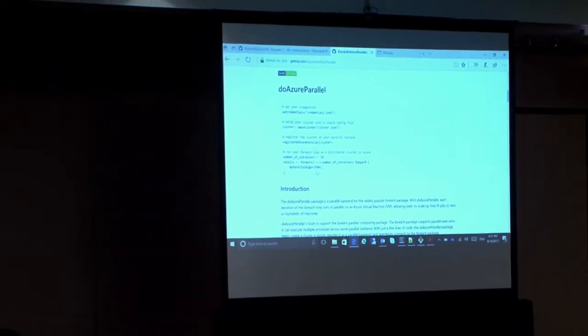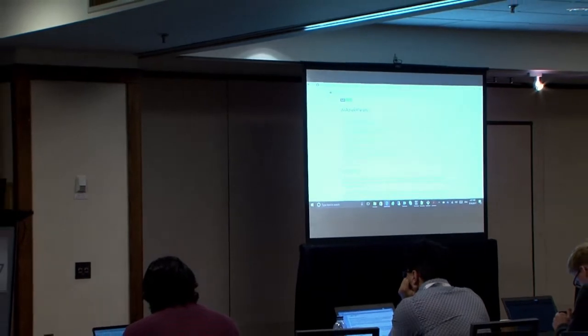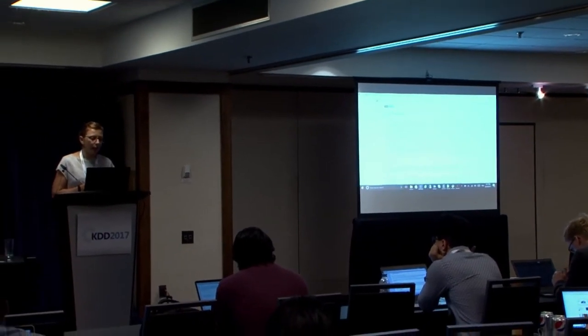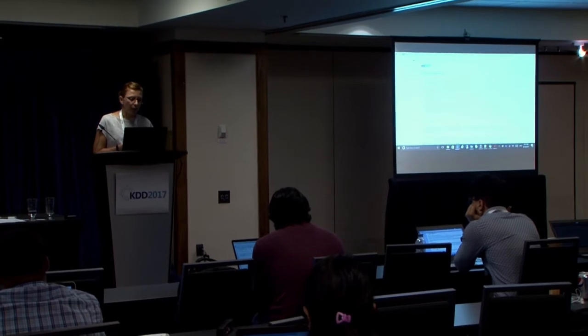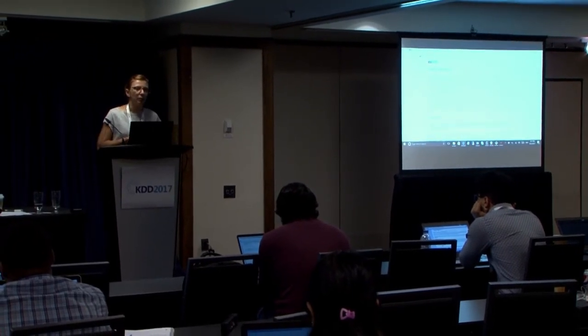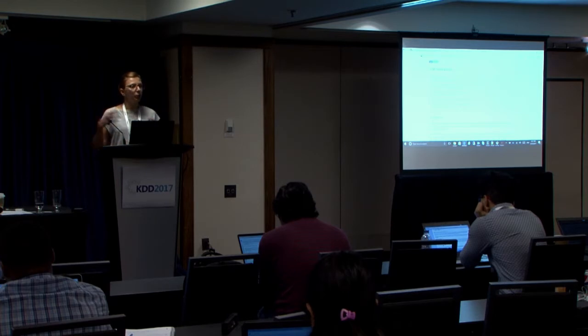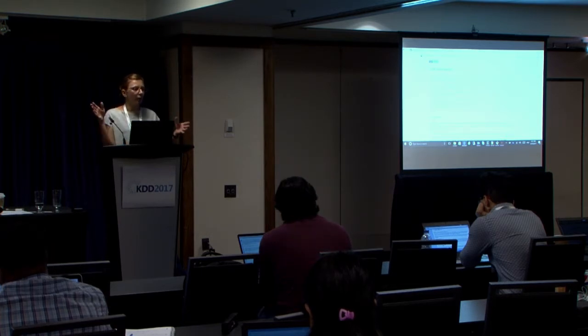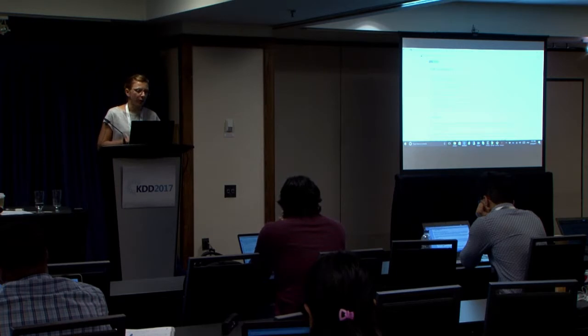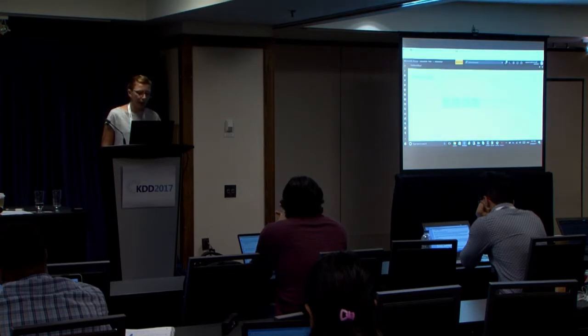So you can simply install this package on your machine, create an Azure Batch account, which is free, and then use a very small set of commands to create pools of VMs, run whatever R function you defined in parallel on the pool of VMs that you created, and after you're done, you can delete the pool. I'll show you how that's done here.